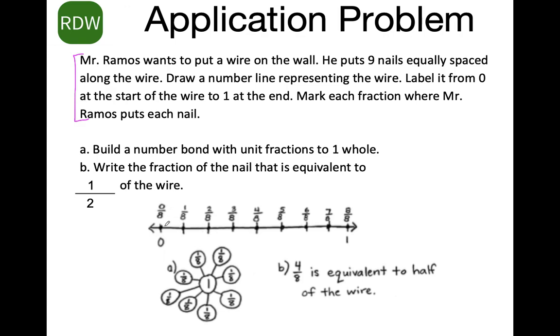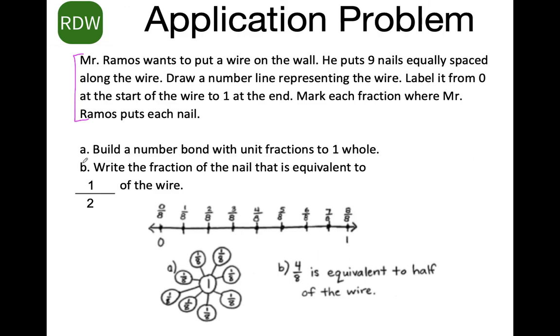So we went from 0/8 all the way up to 8/8. Part A was asking you to build a number bond with unit fractions to one whole. After you figured out there were eighths, you had to figure out how many eighths you need to get to one whole. You needed 1, 2, 3, 4, 5, 6, 7, 8.